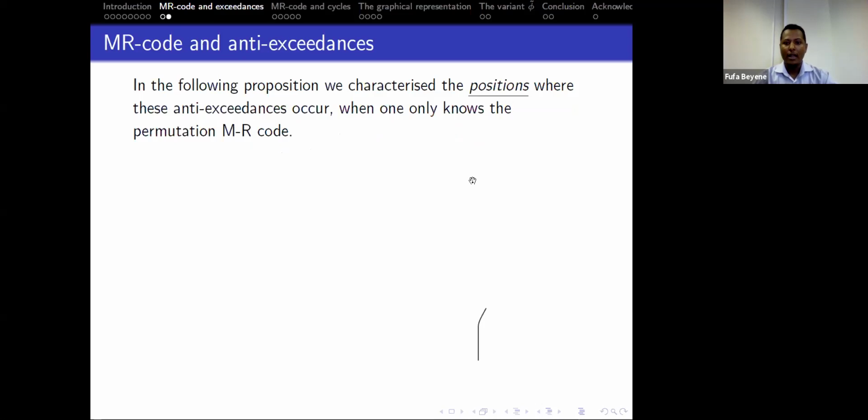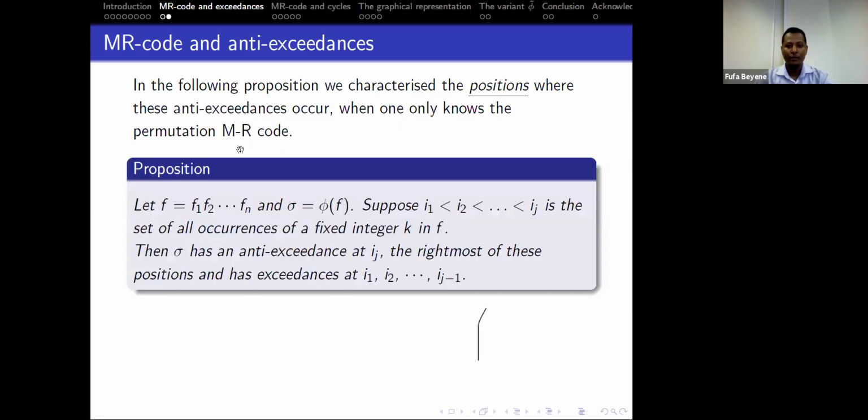And we have characterized the positions where these anti-exceedances occur when one only knows the permutation's MR code. So the characterization is given as follows. Take f here and its corresponding sigma here. Suppose that i1 less than i2 up to less than ij is the set of all occurrences of a fixed integer k in f.